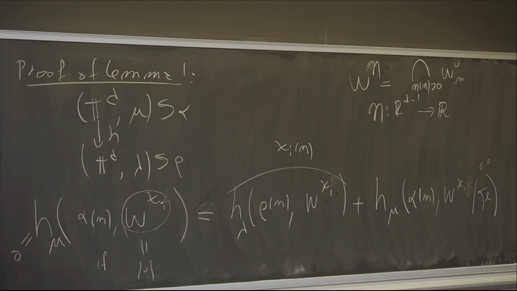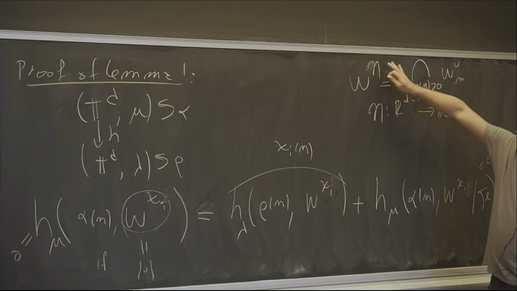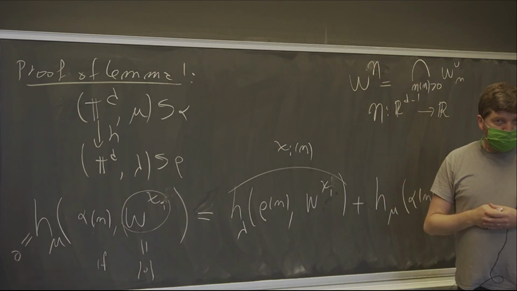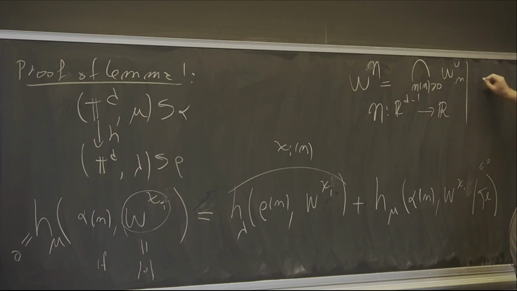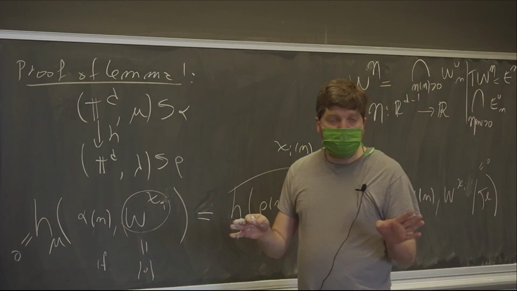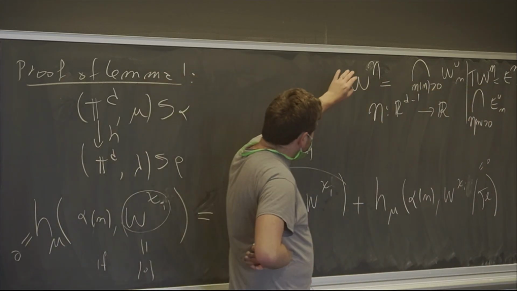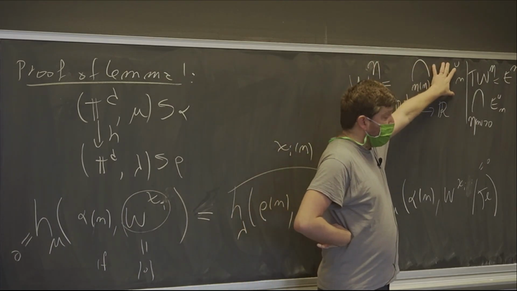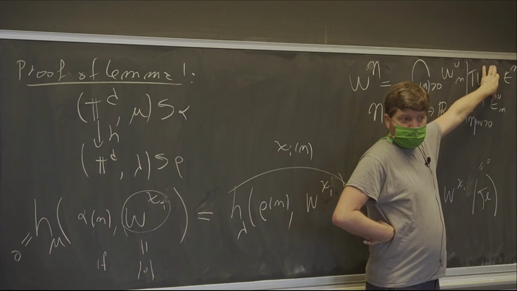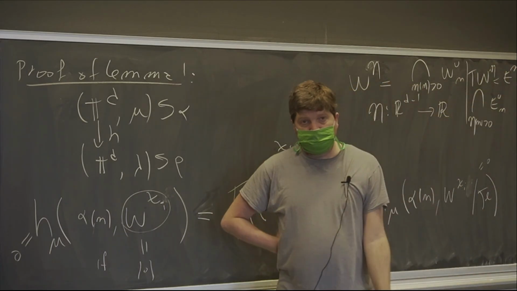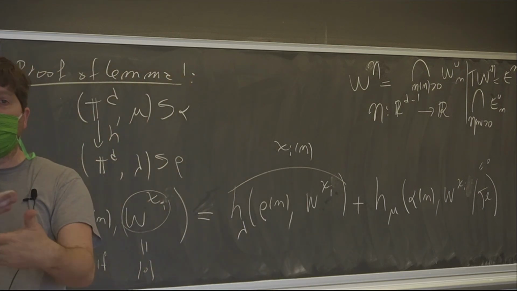I don't need eta to be a coarse exponent or anything to give this definition. And tangent to W^eta is the space E^eta, which is the same intersection, eta of n positive, of U^n. And for this guy, I do the definitions. Now, unless this eta is a coarse, this will be a point, and this will be 0-dimensional, because I will be intersecting guys that kill each other, essentially.